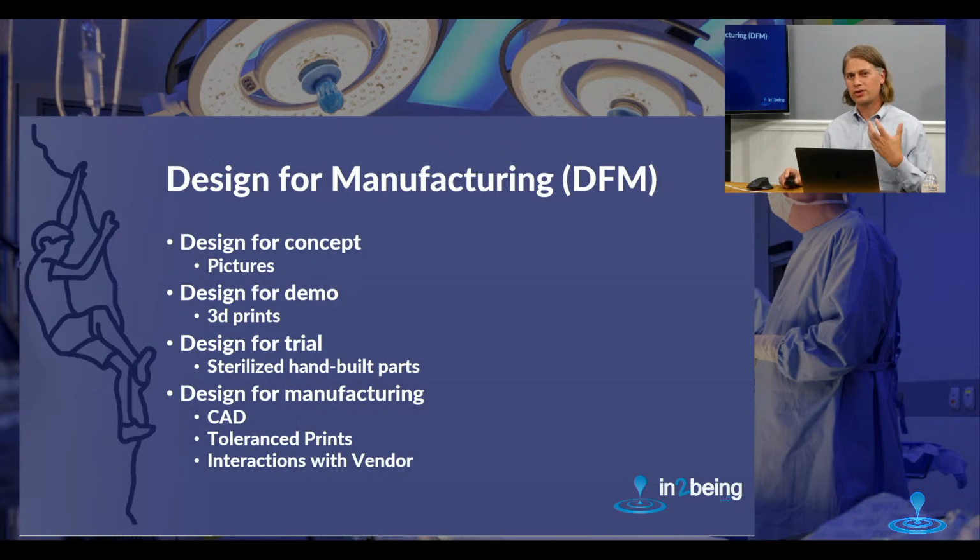When we really get to true design for manufacturing, getting ready for products that can be built as manufacturing representatives so that we can do something like validation of our product. We're going to need CAD files, we're going to need tolerance prints, we're going to need interactions with the specific vendors. So you can see we've already iterated to get to this point where we're ready to take this final level of hardening.